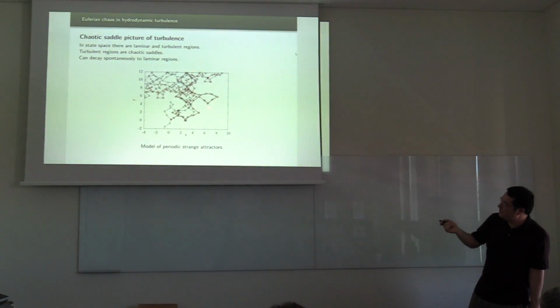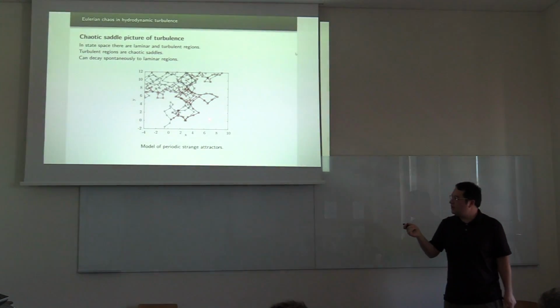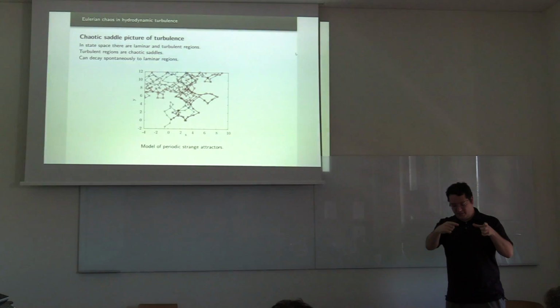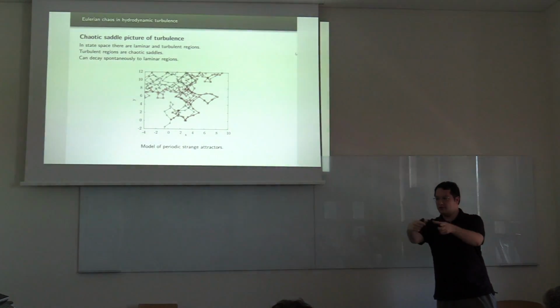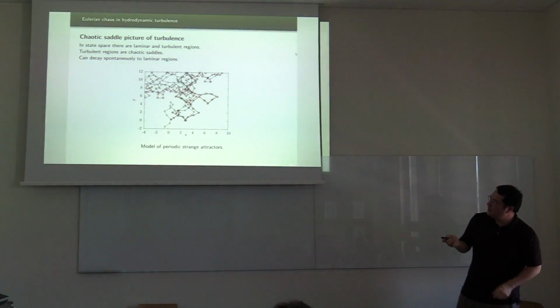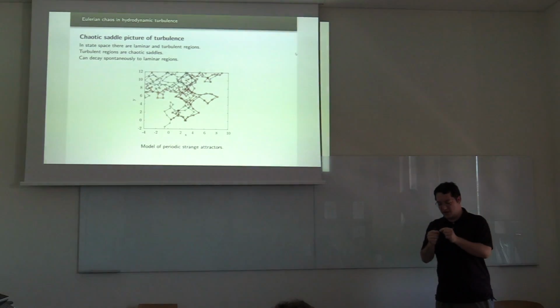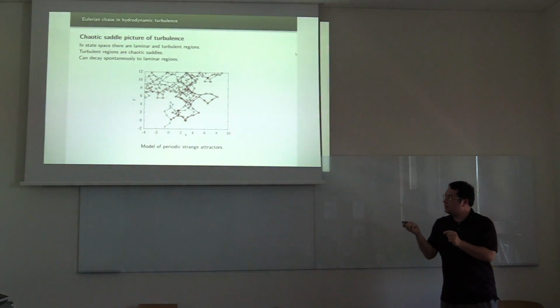Okay, so we have a toy model of our state space, which is periodic, with repeated chaotic saddles. The red squares and the black circles are two different initial realizations. We initialize two of these in this toy model, and they diverge.